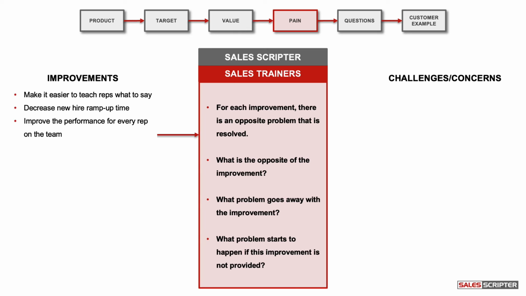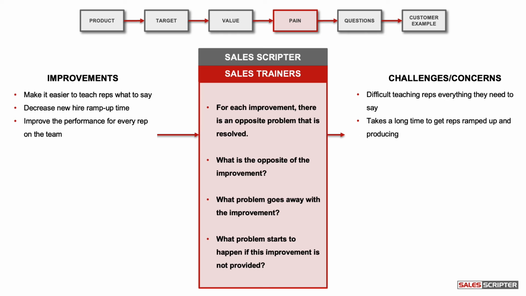So we can look at each improvement, and that can lead us to a list of pain points for our software, specifically for the target audience, such as sales trainers can often have difficulty teaching reps all the different things they need to know and say when they're getting trained and onboarded. And that can lead to it taking a long time to get new sales reps ramped up and producing and selling.